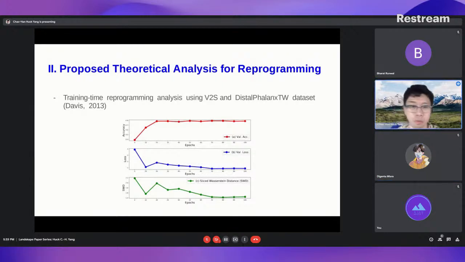Oh, it's a good question. I don't want to make an overclaim, but for some time series data, if the data is around 100 samples, the convergence speed will be faster than training from scratch or fine-tuning. But if the data is sparse, there is still some instability when you use this reprogramming. Another open question: in this paper, we claim this reprogramming works well in time series relying only on this additive noise.